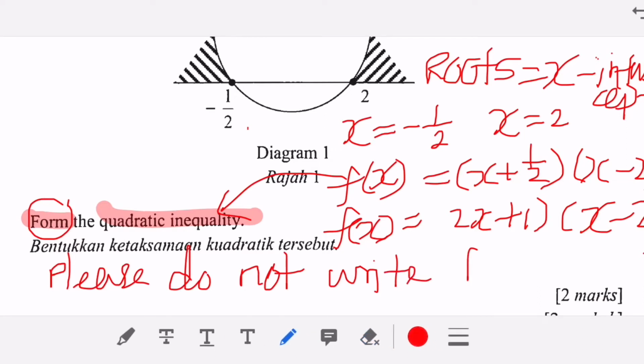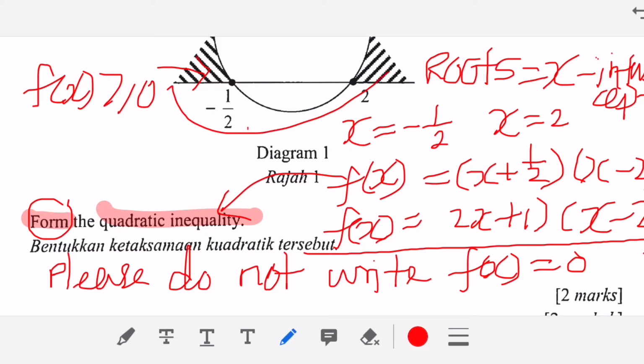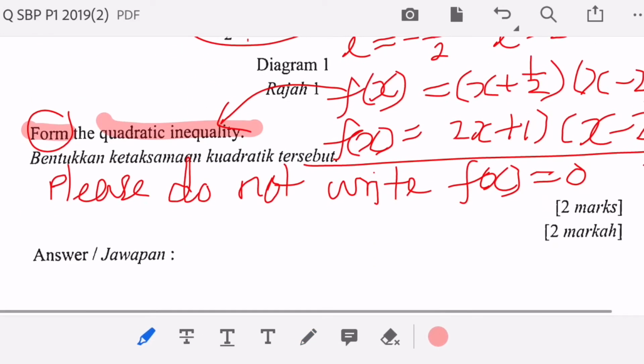Okay, so if you leave your answer as f(x) equal to 0, you will get 0 marks. Okay, please write your answer as (2x plus 1)(x minus 2) more than or equal to 0. Look at the area shaded. The shaded region is positive, right? So you have to rewrite your answer again.